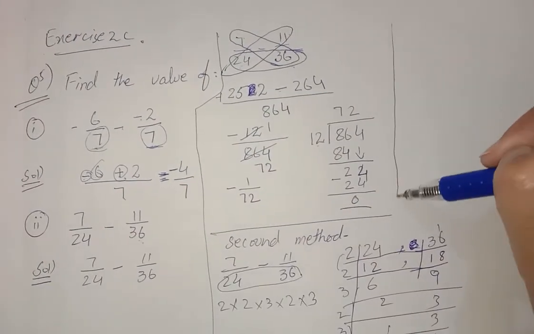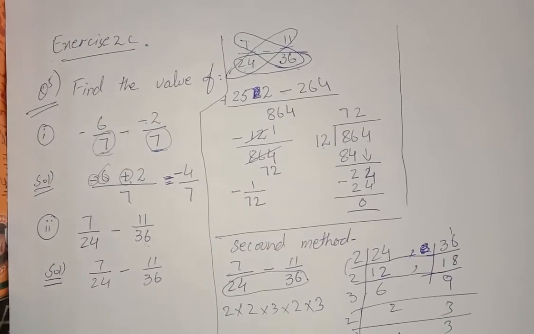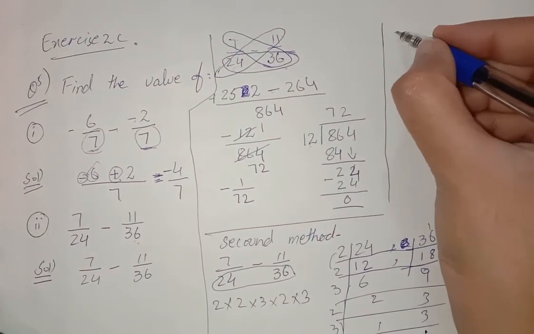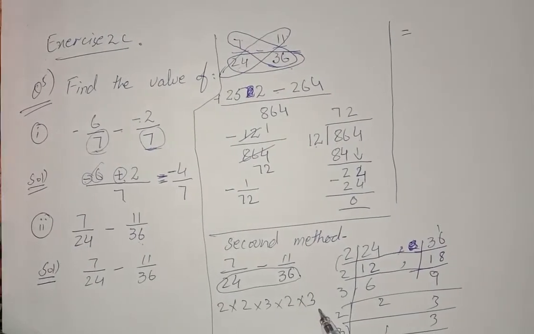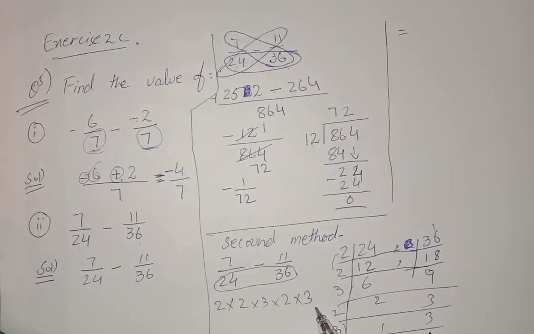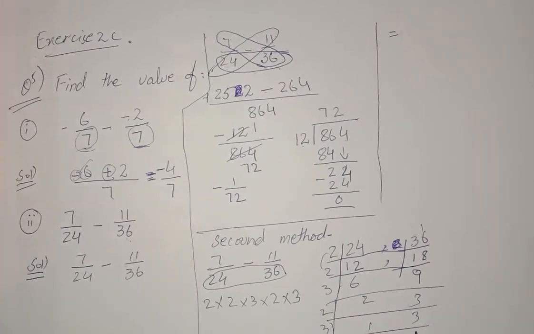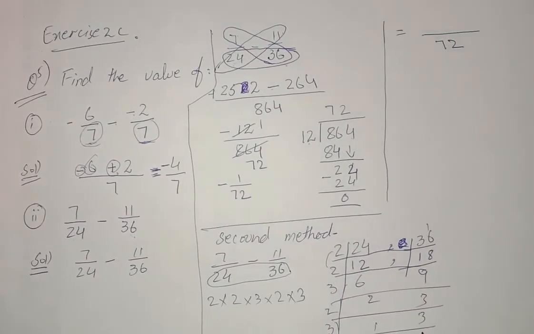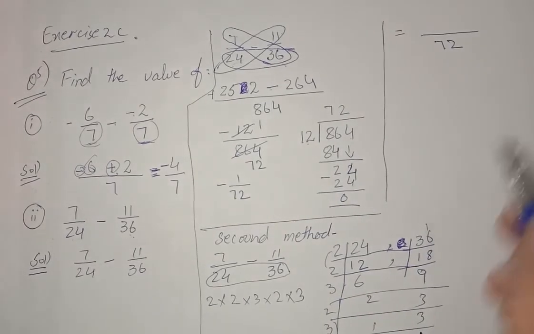Now move towards the next. If we multiply all these numbers, the answer is 72.